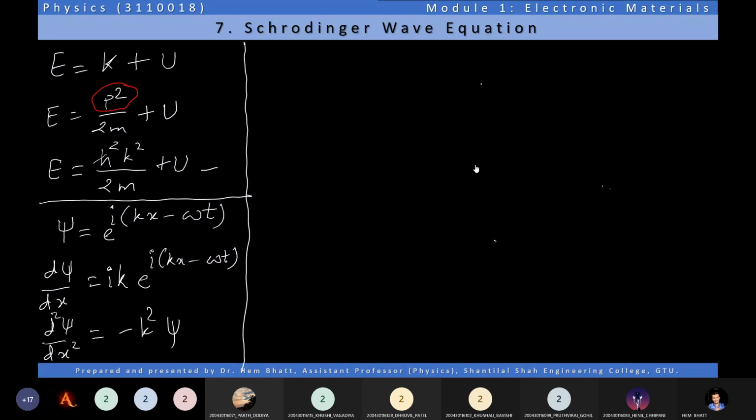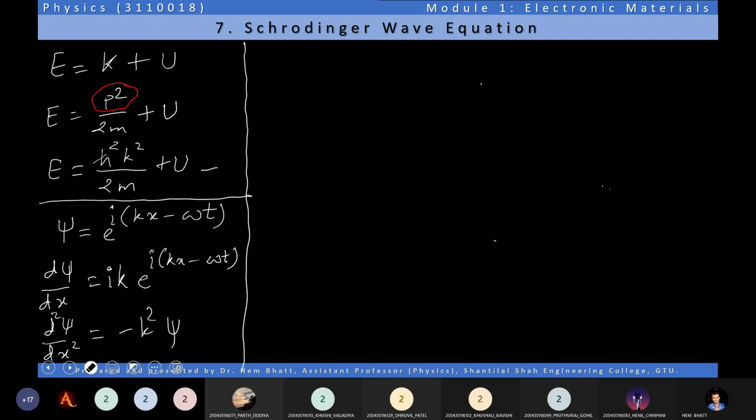Okay. So with that, we'll get d2 psi by dx square is equal to minus k square psi. Okay, d psi by dx, if you differentiate once again, you will get this. Now I multiply both sides by h cut square by 2m.